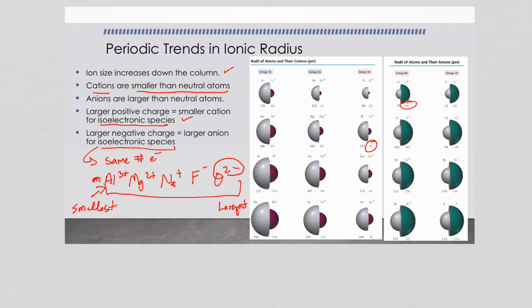The biggest negative charge in the series is going to be the largest ion. So that's sort of the general ideas behind ions. So we can look at sort of within a group of positive ions or a group of negative ions, or we can look sort of more globally at isoelectronic series.